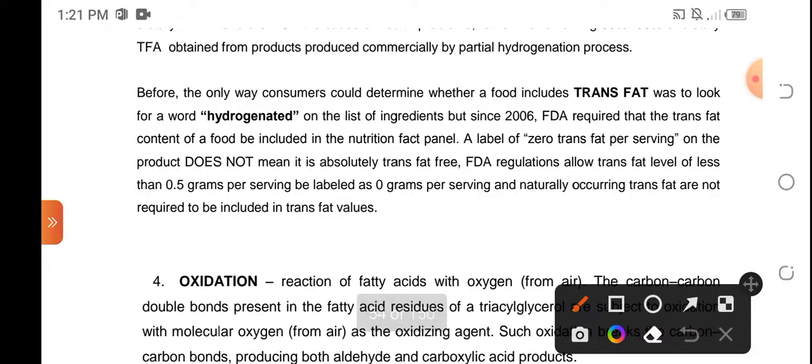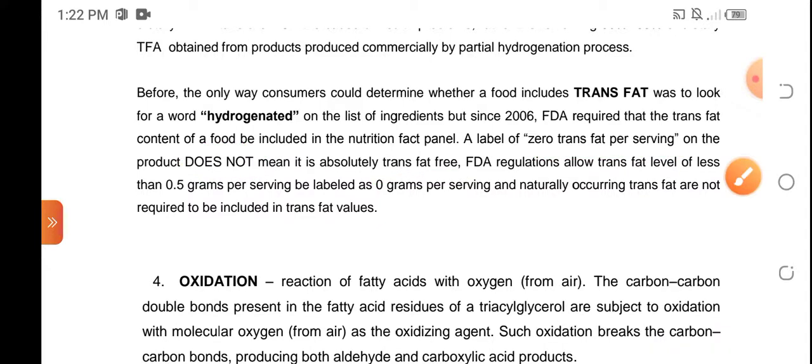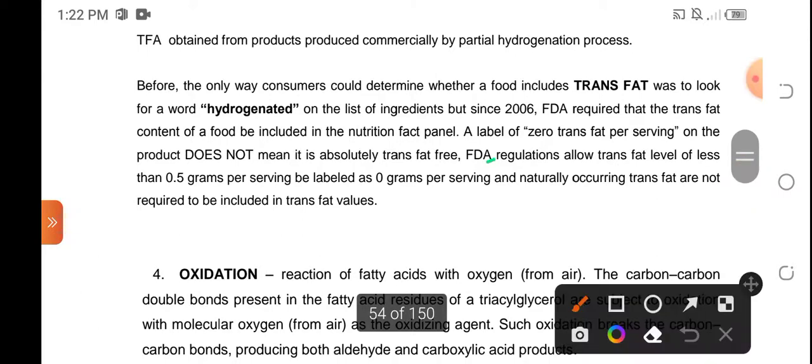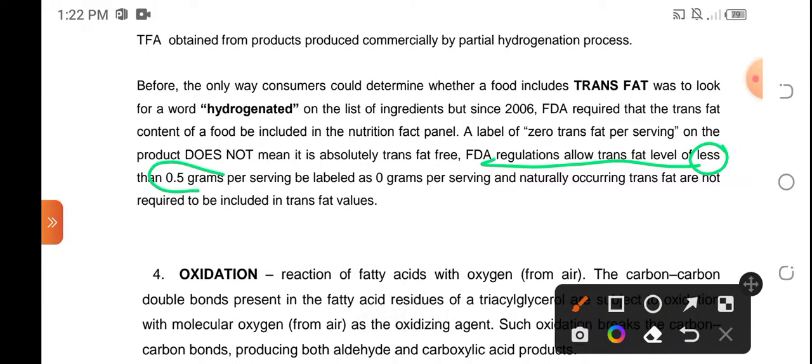However, we have to take note of this one. The zero trans fat per serving does not necessarily mean that it is trans fat free. Hindi ibig sabihin na pag sinabing zero trans fat, walang-wala ng trans fat na yon. Kasi the FDA regulations allow that the trans fat level of less than, take note, less than 0.5 grams per serving can be labeled as 0 grams per serving.